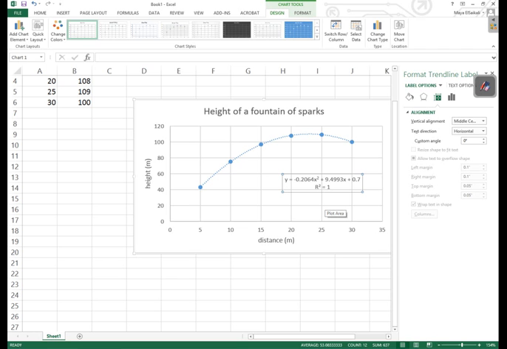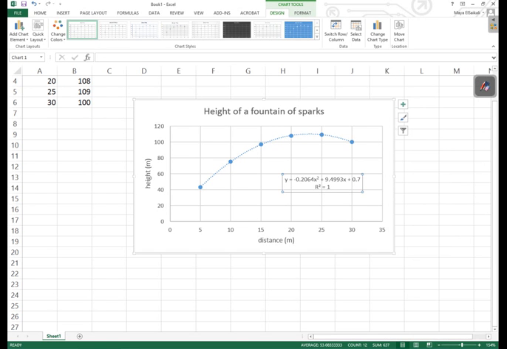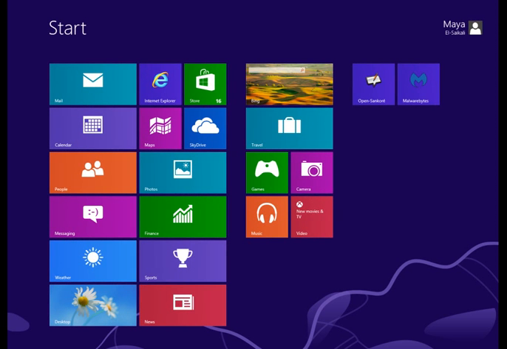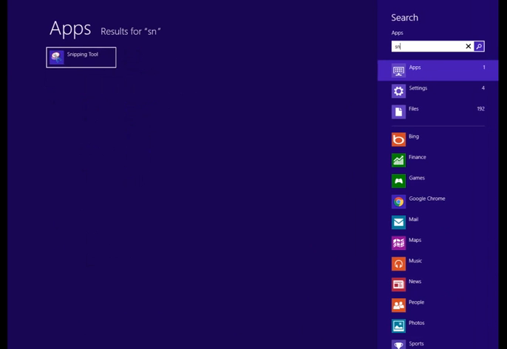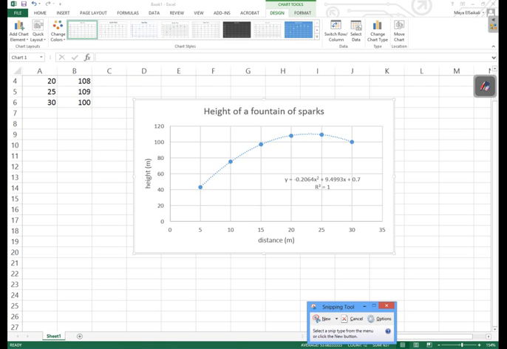So, do you remember how to snip it? You go to the desktop, you search for the snipping tool. You're gonna say I want a new one, so this is your snipping tool right here. You're gonna do new, and then make a box around whatever you want to snip.